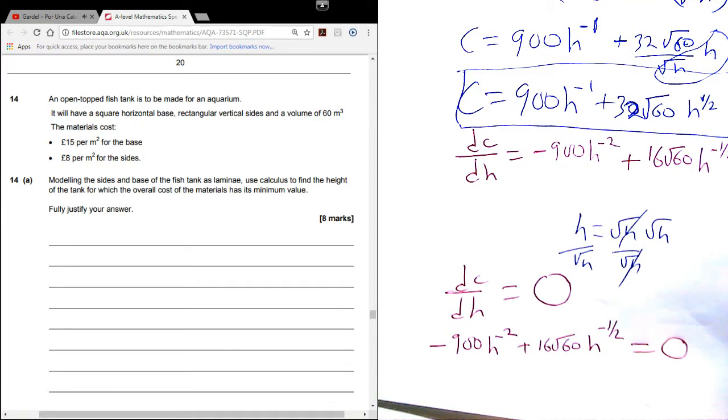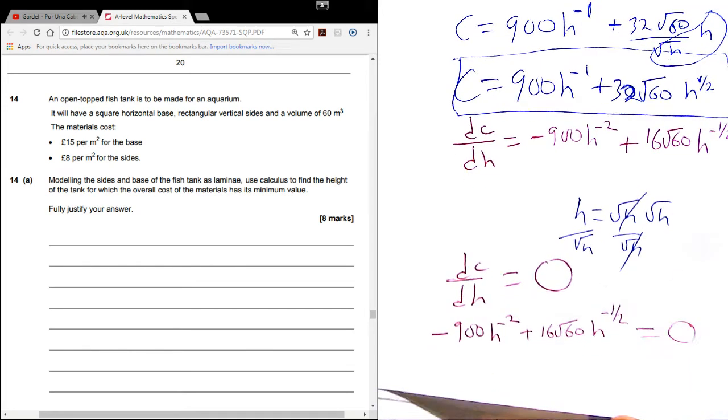Of course, at this point, we just need to solve for h. Now, I don't want you to think it's complicated. It isn't complicated. I will rewrite this as fractions rather than negative powers so that it becomes something we can play around with.